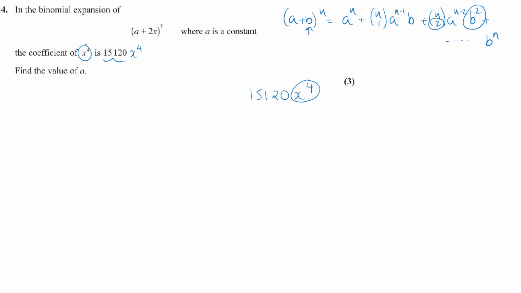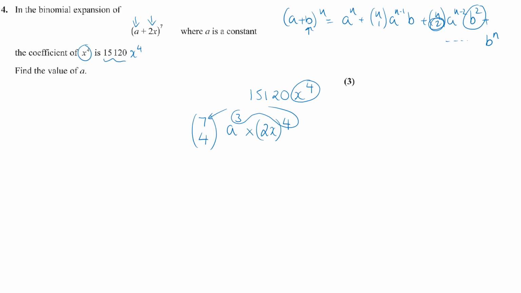To get the x to the 4 term, it will have to be this second term, 2x all to the 4, and then that will be times by the 7C4 on the front, because the number on the nCr button is the same as the power on the second term in the bracket, and then the first term will just be a cubed, because these two powers here, the 3 and the 4, have to add up to the n. So we don't need to write it all out, we can go directly to that term.